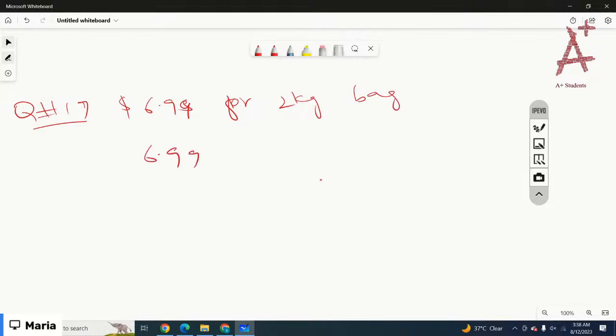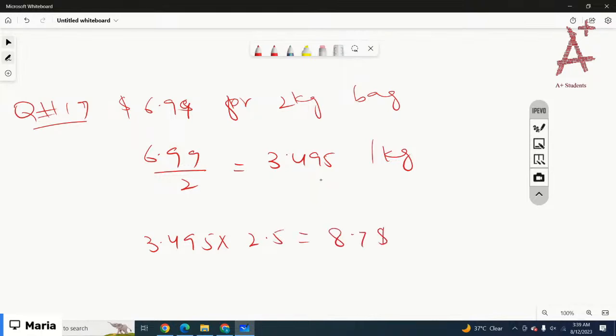So the unit rate is 6.99 over 2, that would be 3.495 per kg, right? Okay, Halle's package is 2.5 kg. So let's just multiply 3.495 times 2.5. That would be $8.7. That means she should sell for a maximum of $8.7, right?